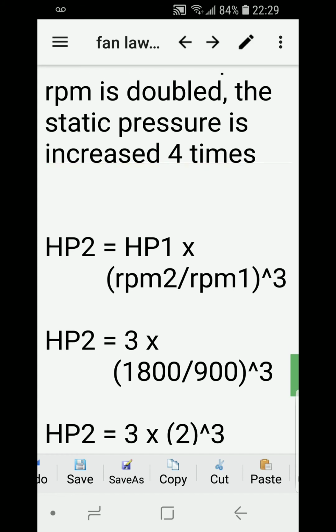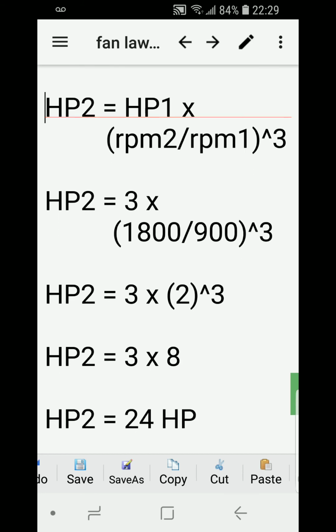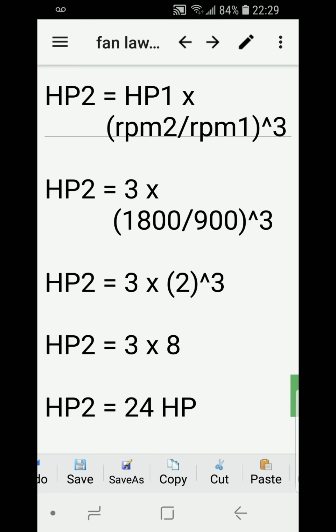So substituting the values, we've got horsepower 2 is equal to 3, that's the horsepower 1, times 1800 divided by 900 cubed.